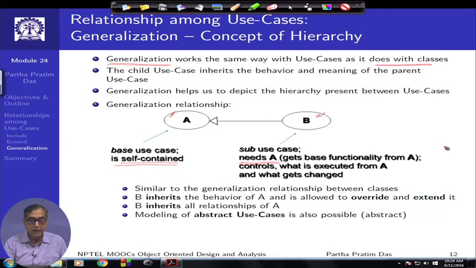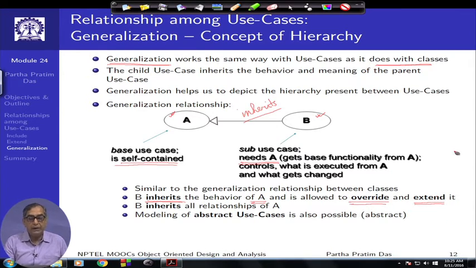because, as in class generalization, specialization or inheritance, the sub use case inherits all the functionalities of the base case A. So, this is similar to this. The sub use case inherits the behavior of A, the base case, but it is allowed to override and extend it.